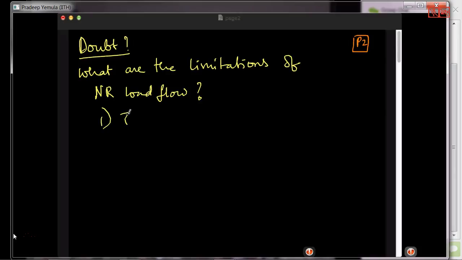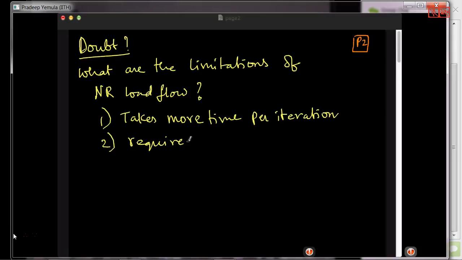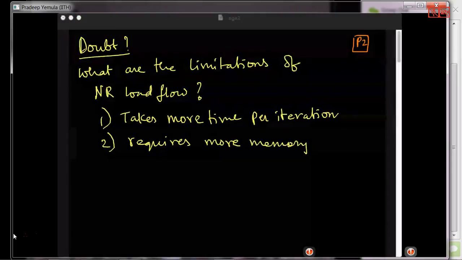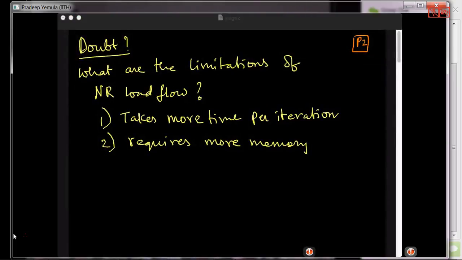Takes more time per iteration. Requires more memory. So these are the answers that are submitted by you. Time per iteration is more and all these things.